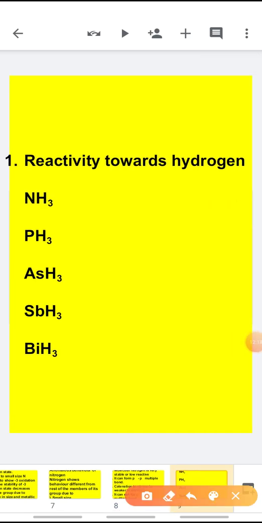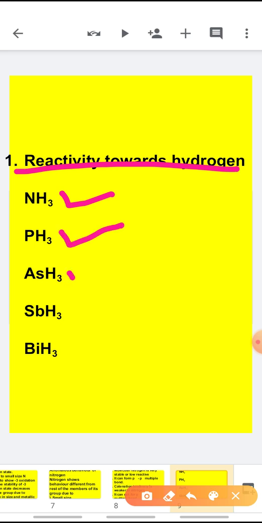Now, coming to the chemical properties, first is reactivity towards hydrogen. What happens when these elements react with hydrogen? They form hydrides like NH3, PH3, AsH3, SbH3, BiH3. These are hydrides of group 15 elements.